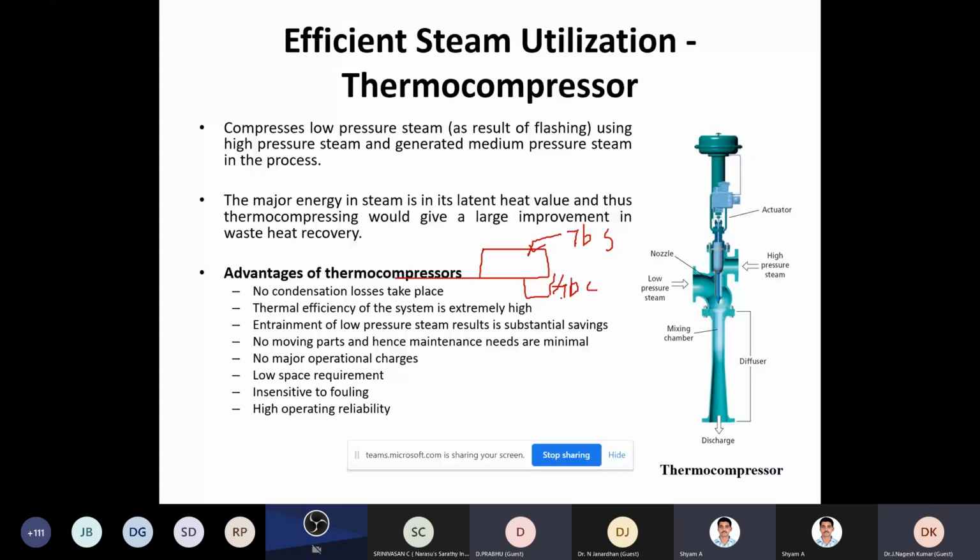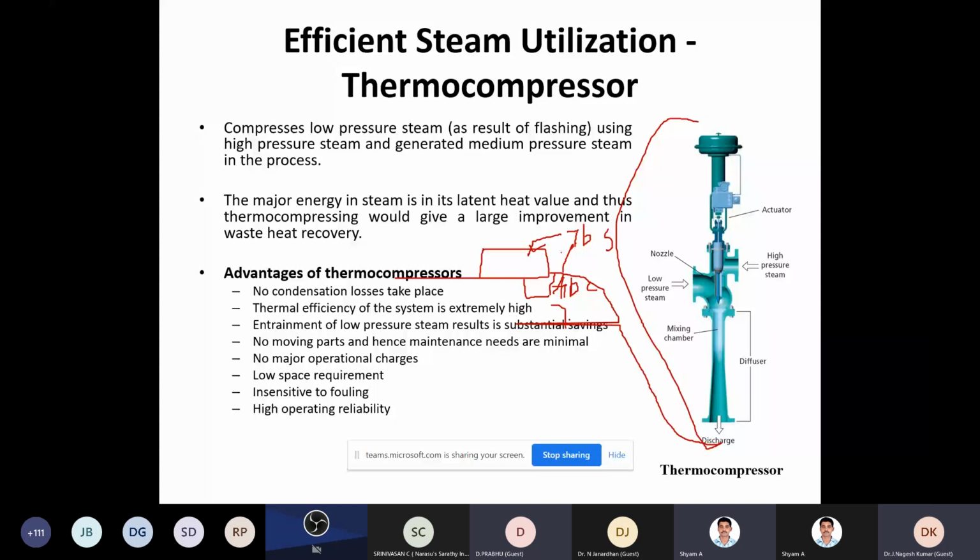So what we are doing is we are taking that low pressure steam and putting it into this device called the thermocompressor. So this low pressure steam at say 2 bar. So now you can also flash the steam to the various pressure that you want. So this is 7 bar steam here, 7 bar condensate.